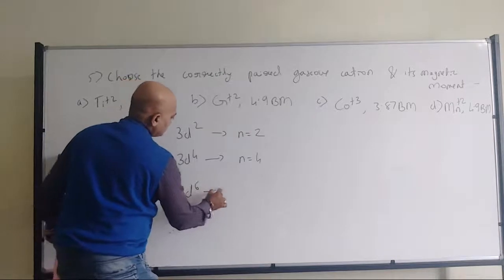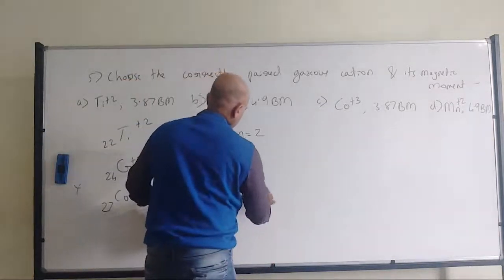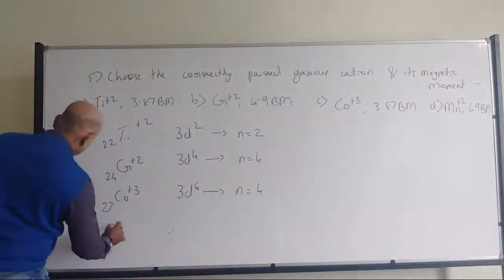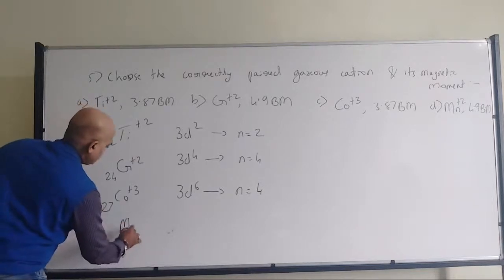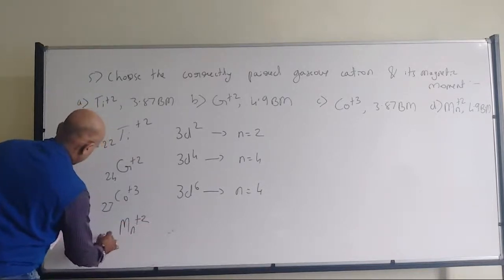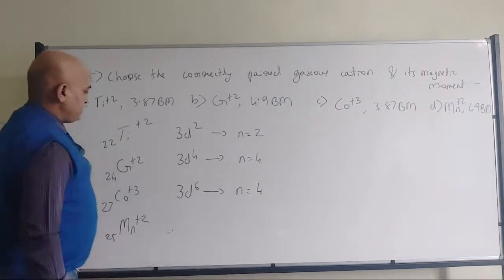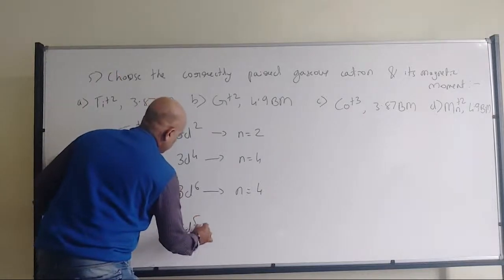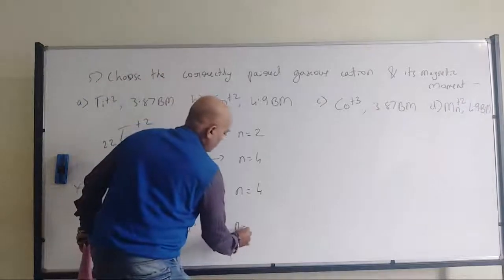It should have 3d6. n is once again 4. Next, manganese plus 2. It should be 25, just before iron, so it should have 3d5. So n is equal to 5.